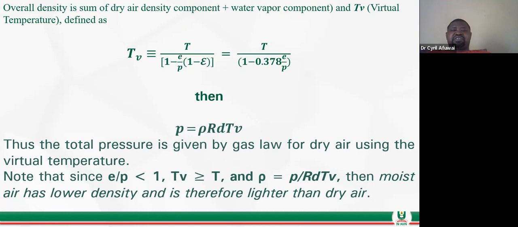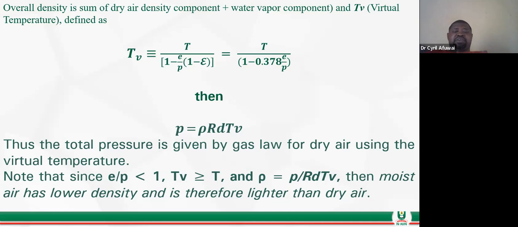TV is equivalent to T over 1 minus E over P into 1 minus epsilon, which equals T over 1 minus 0.378 E over P. Then P becomes rho Rd TV.